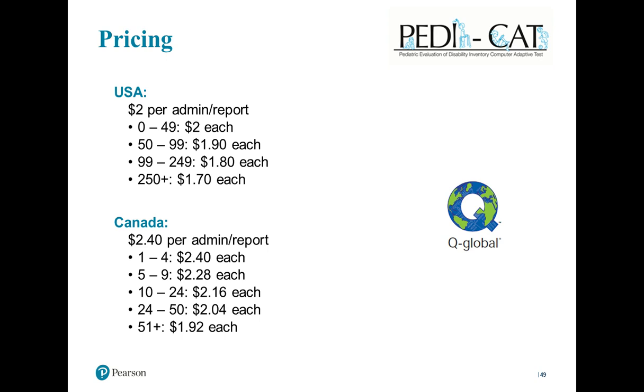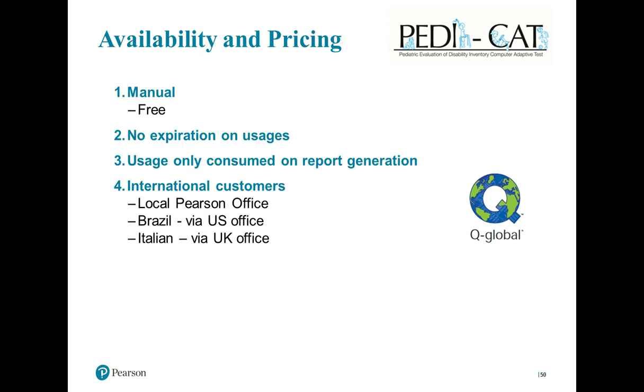And we have tiered pricing available, so the more usages you are purchasing or using, the cheaper the price is. Likewise with Canada, it's $2.40 Canadian dollars per administration and report. And again, this tiered pricing is slightly different, just because it's a slightly different system in Canada. But that's how the pricing works for Canada as well. So the more you're buying, the cheaper it actually is.